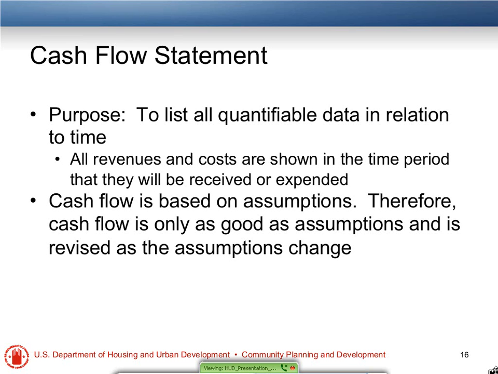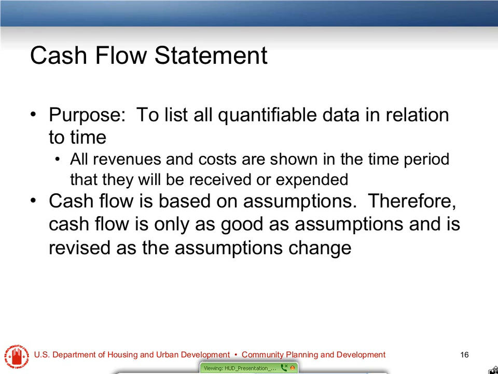So the cash flow statement, again, helps us identify when those cash flow needs are needed and what our sources are to meet those needs. So it quantifies the data with relation to time. All revenues and costs are shown in the time in which they will be received.